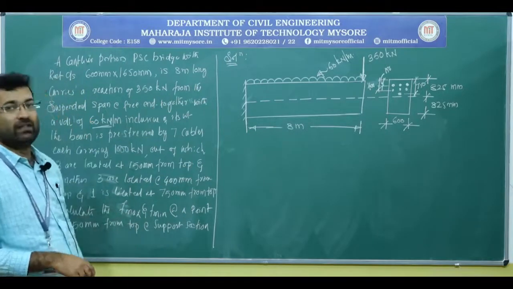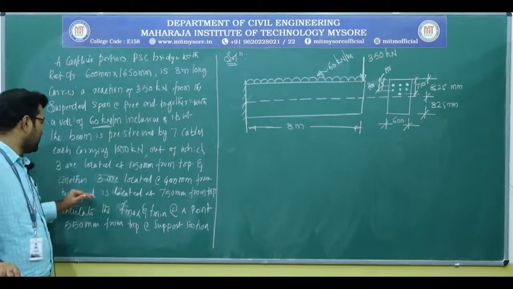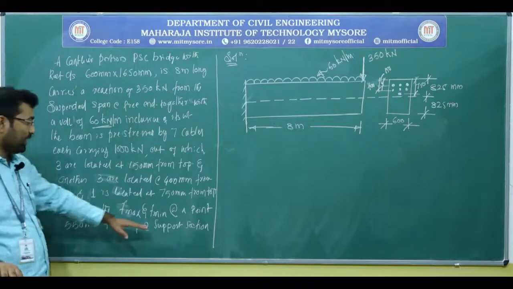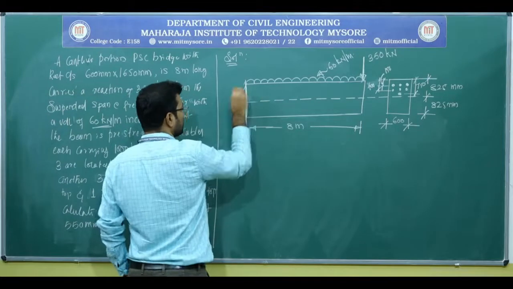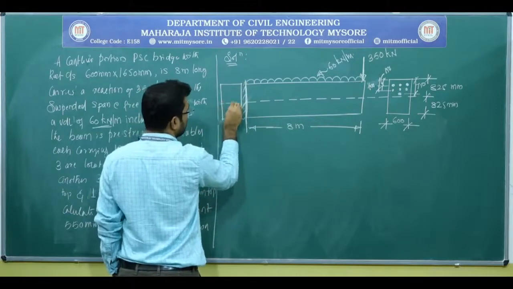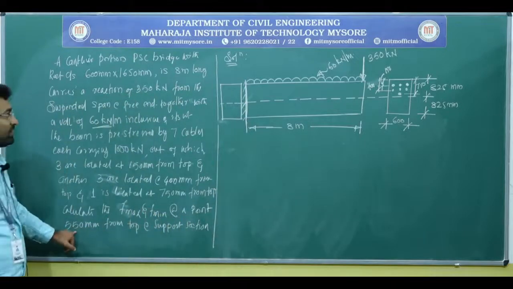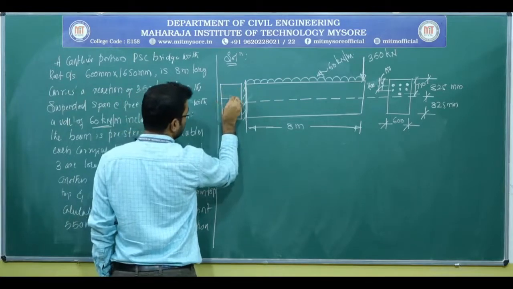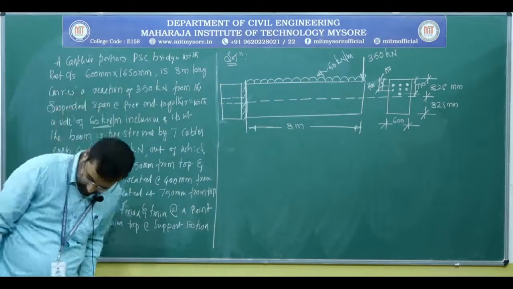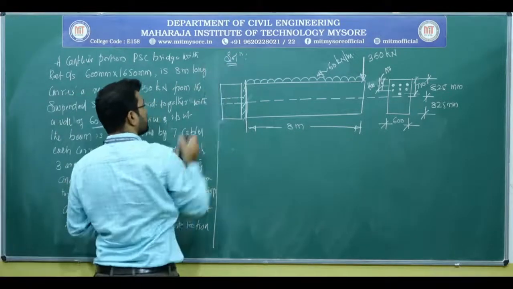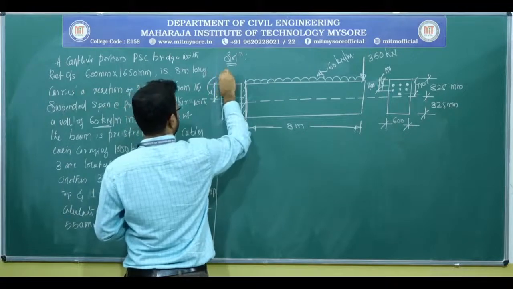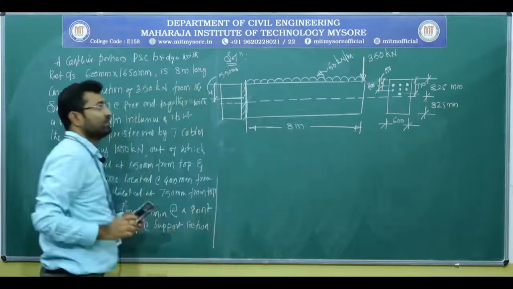Now, we have to calculate the principal stresses, F minimum and F maximum, at the support section at a distance of 550 millimeter from the top.